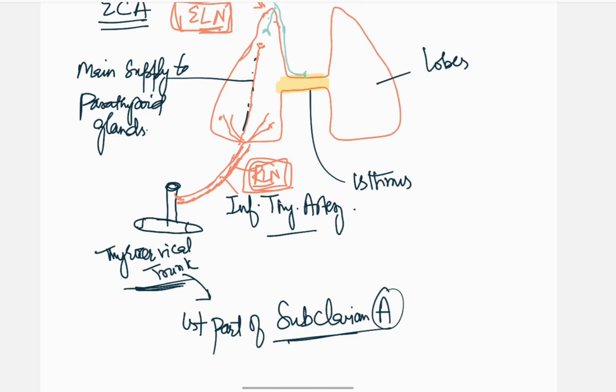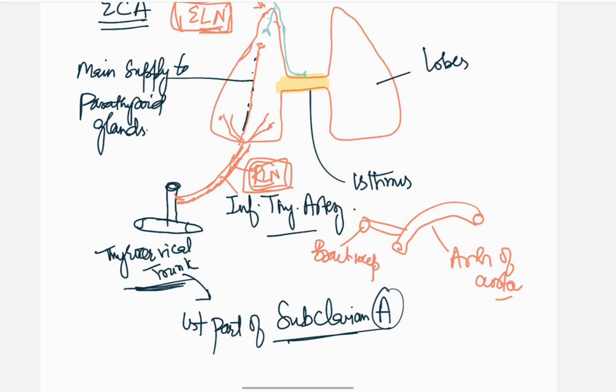So this was it. Another important point: let us suppose this is the arch of aorta, and this is the brachiocephalic artery.